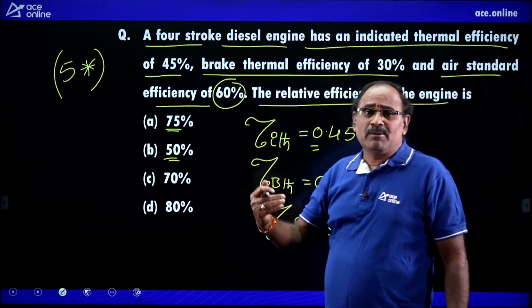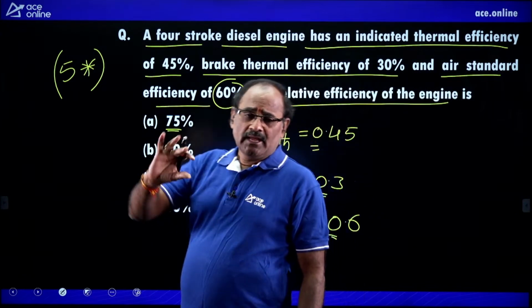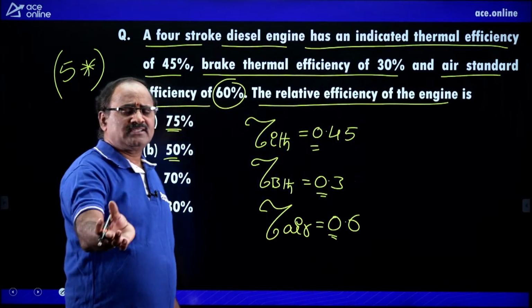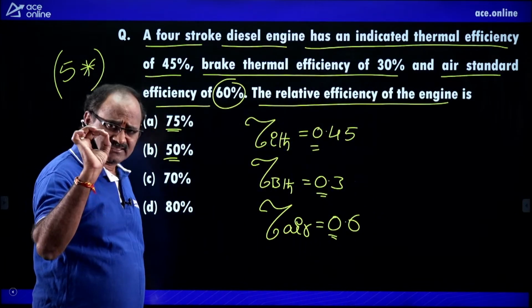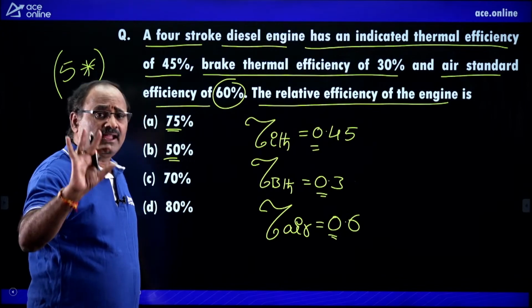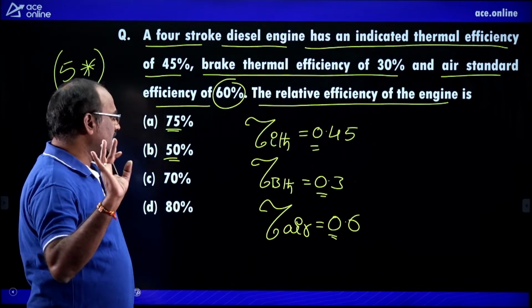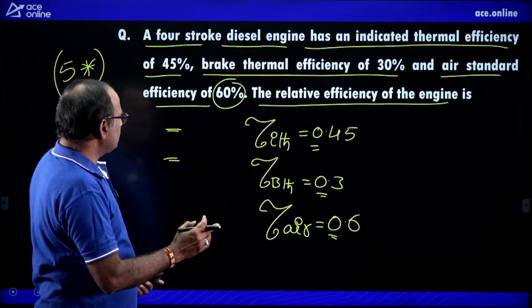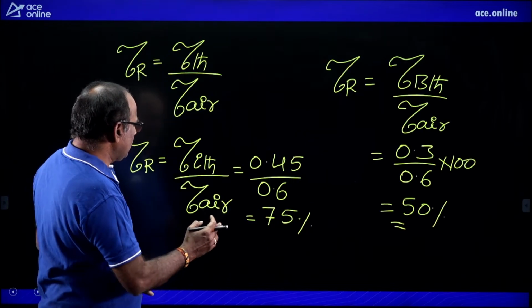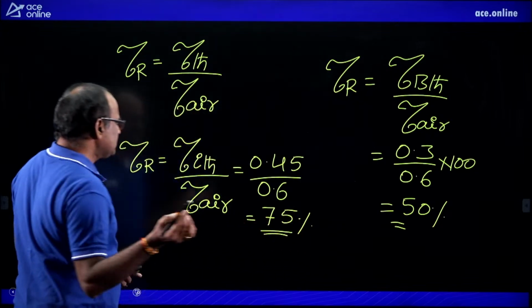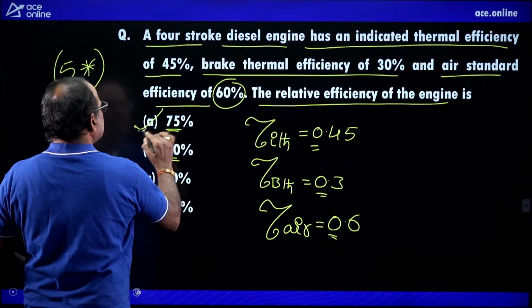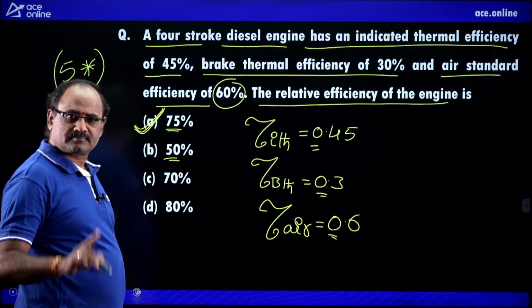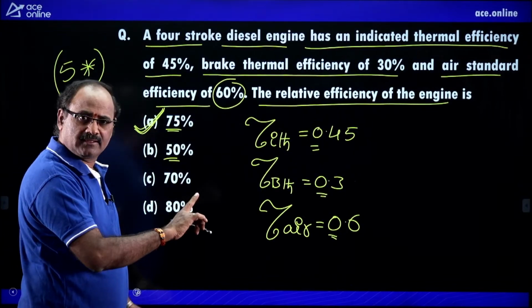The power available at the crankshaft is called brake power. If both are given, generally the relative efficiency should be decided based on the indicated thermal efficiency only. Therefore you can select the 75. Option A is absolutely correct. Okay? Understood? Yes.